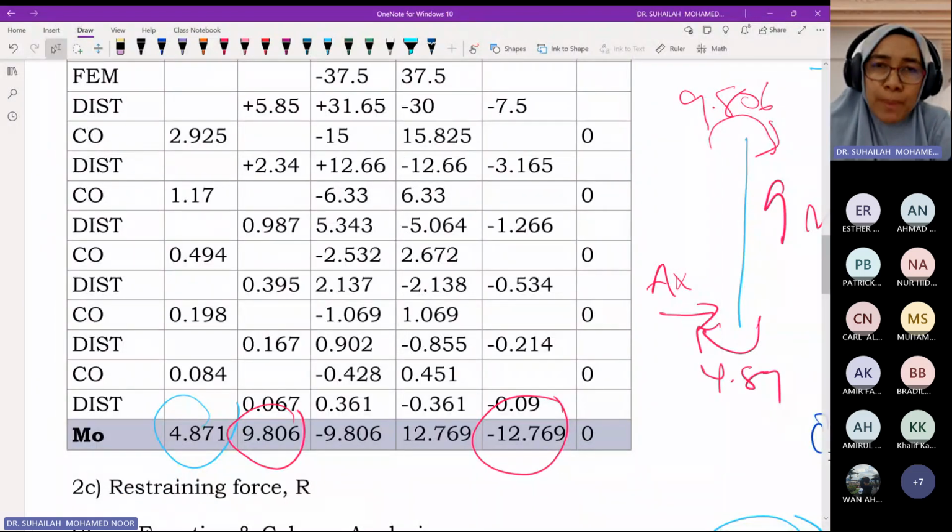The end moment in table 1 we label as M naught, the same as the redundant system, where we label it M naught. So we get this, and the pin is 0 here. Okay, to find the restraining force.